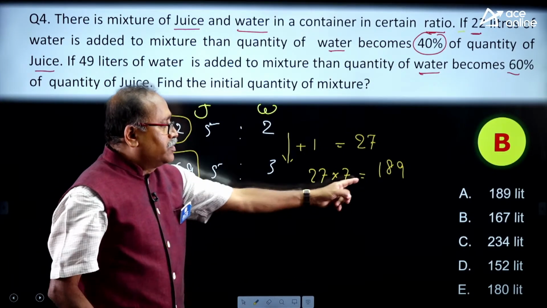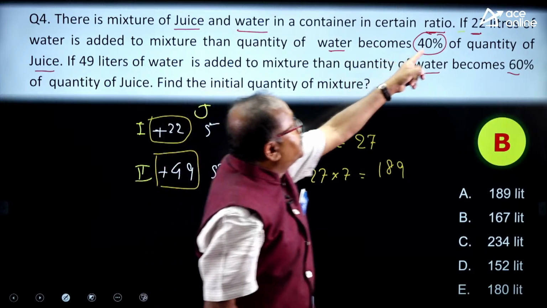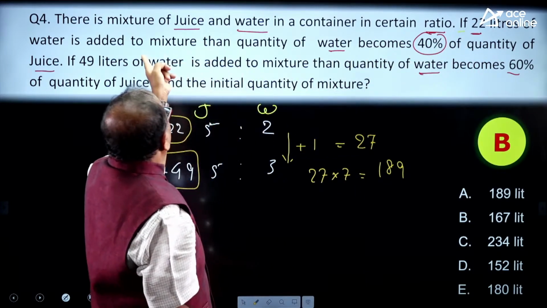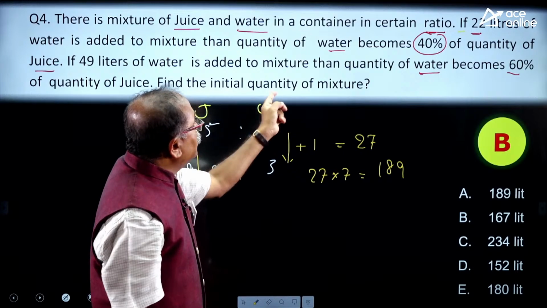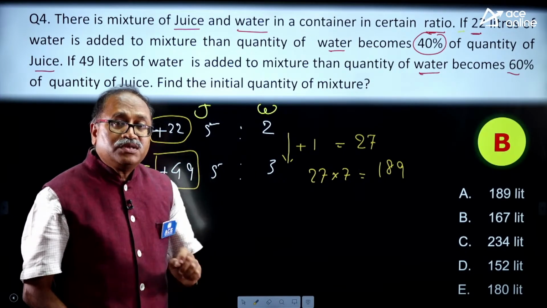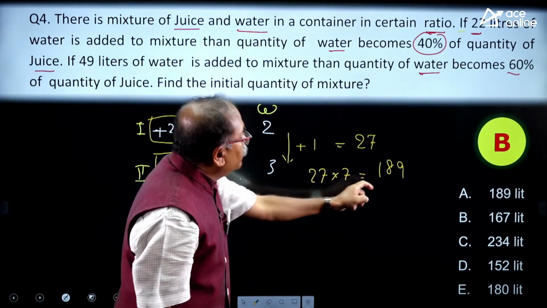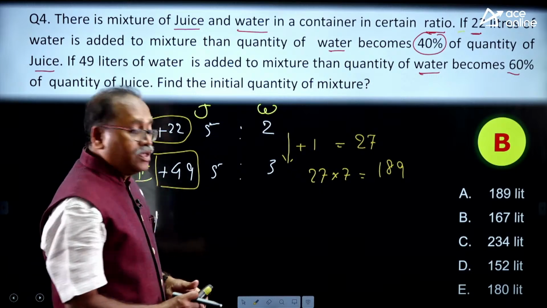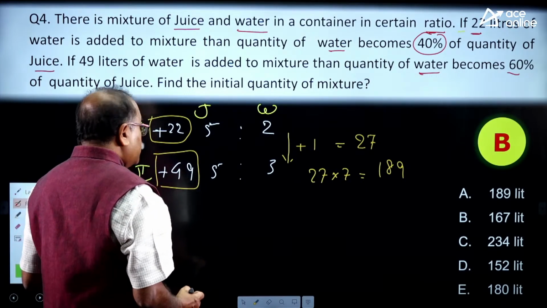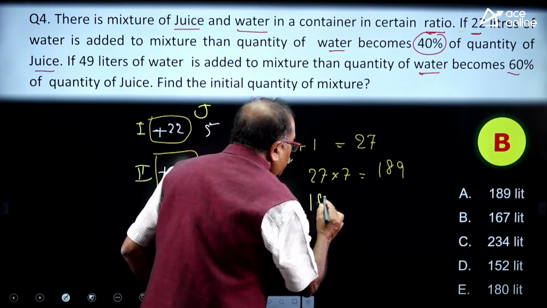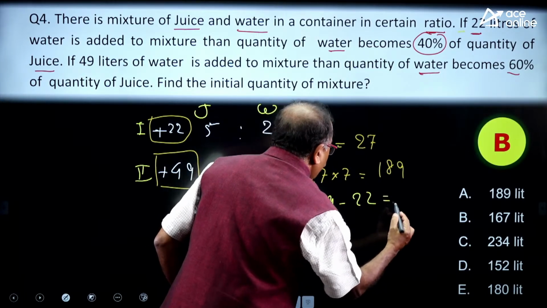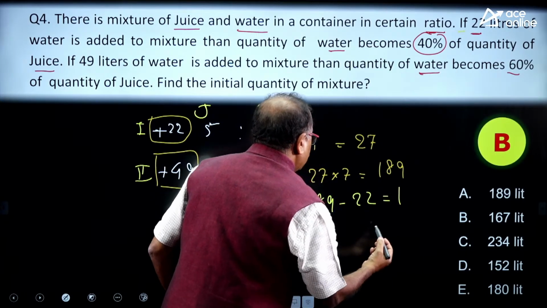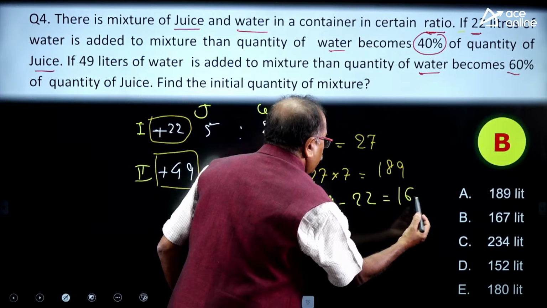So look at this one, 189. If 22 liters of water is added, then, but what is the original quantity of mixture? The original quantity of mixture should be 189 minus 22. So let's write down 189 minus 22, and you will find that it is 167.